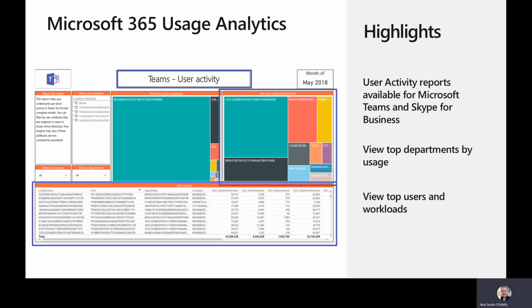The next thing that this really helps you with is a lot of times people say, okay, I know that this is being used within a big department, but who are my top users in that department? Through the magic of Power BI, you can click on that department. And you can actually, in the bottom, have a filtered list that shows who your top users are and what pieces of the technology they are using.